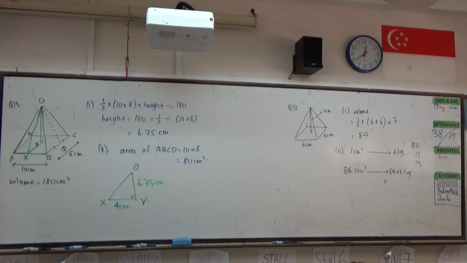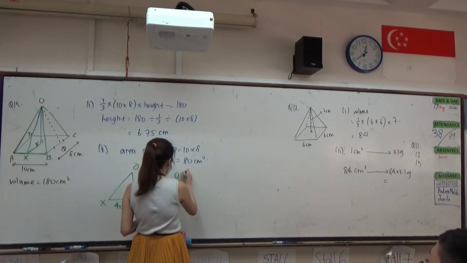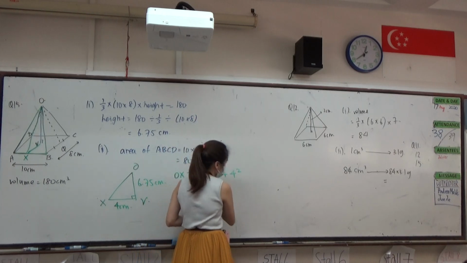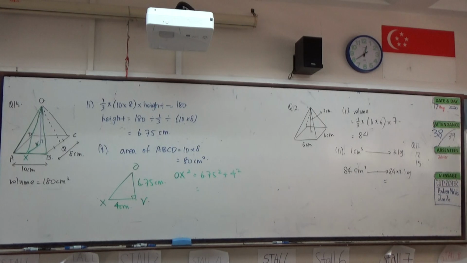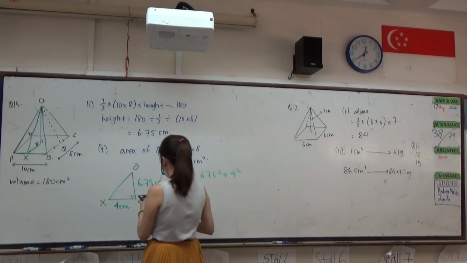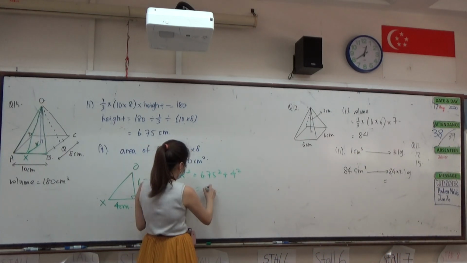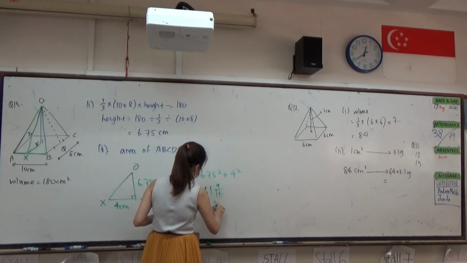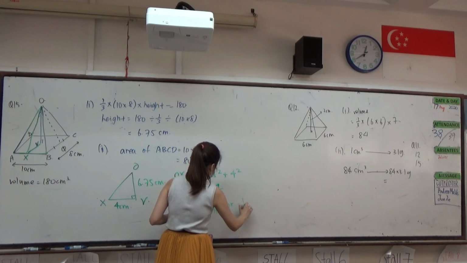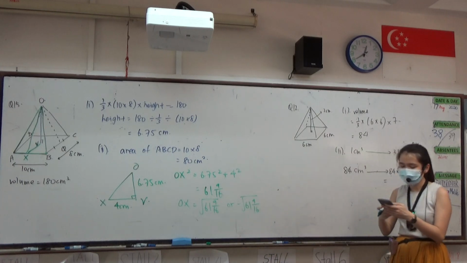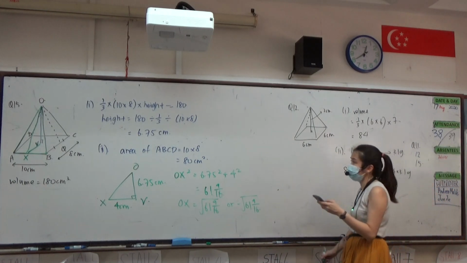Right? So by referring to this triangle using my Pythagoras, OX squared is equal to 6.75 squared plus 4 squared. This one, let me just calculate out. Okay, we get 61 and 9 over 16. So OX is the square root of that. Okay, we get about 7.846.